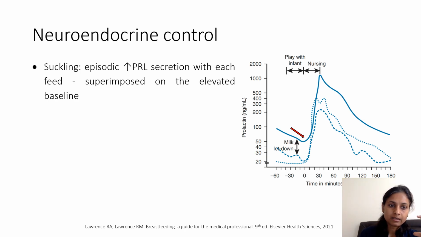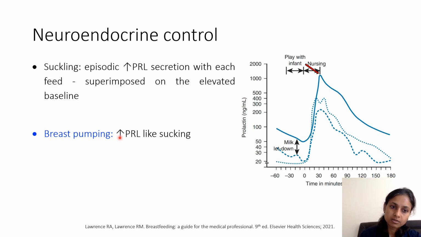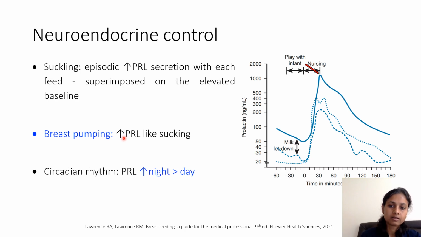Suckling by the baby causes an episodic increase in prolactin, and this release is over and above the normal increased baseline in prolactin. And there you see the increase. Breast pumping causes a similar increase in prolactin as suckling, and there is a circadian rhythm.